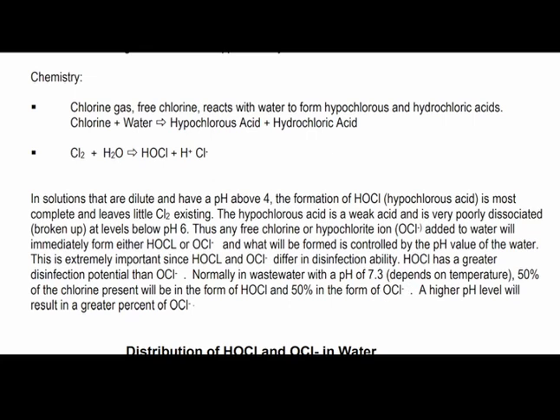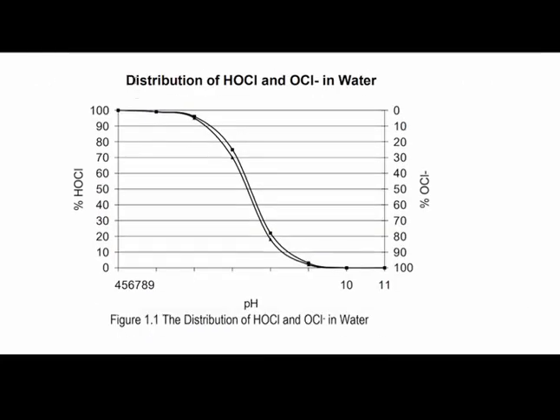A higher pH level will result in a greater percent of OCl-. And this is a chart that shows the distribution of HOCl and OCl- in the water.